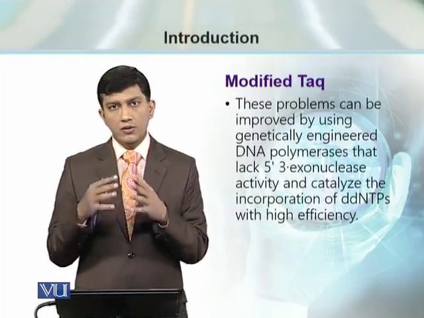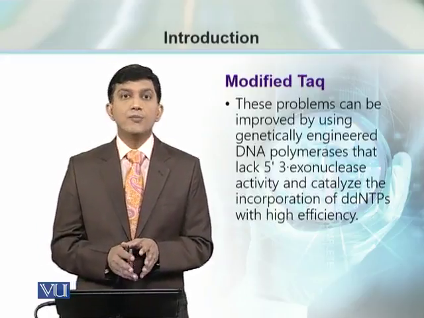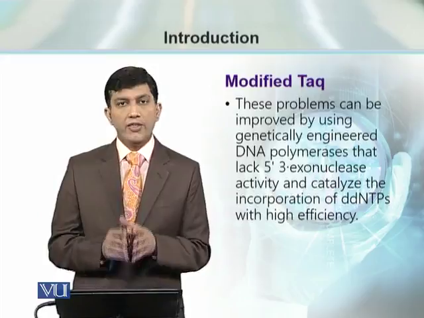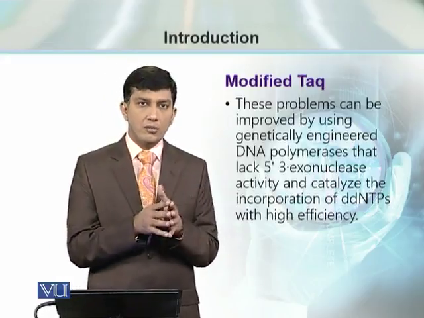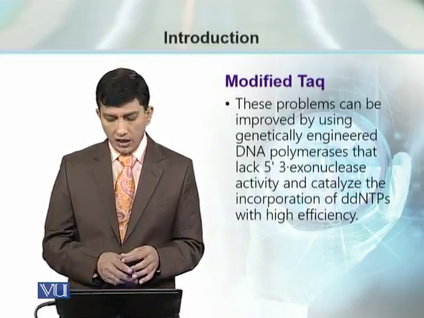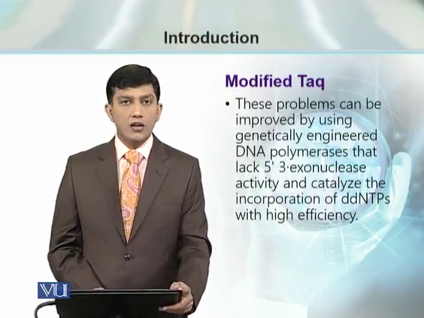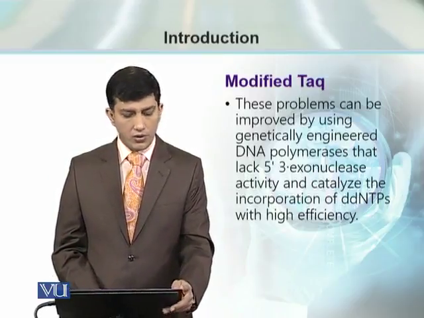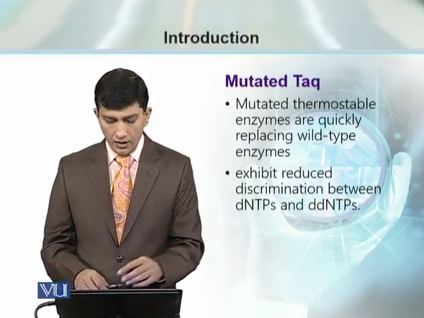Scientists have resolved these disadvantages or problems by using an improved Taq polymerase, and that improved Taq polymerase has only the polymerization ability. Its proofreading ability is removed, and ultimately the efficiency of incorporation of dideoxynucleotide is increased by this modified Taq.